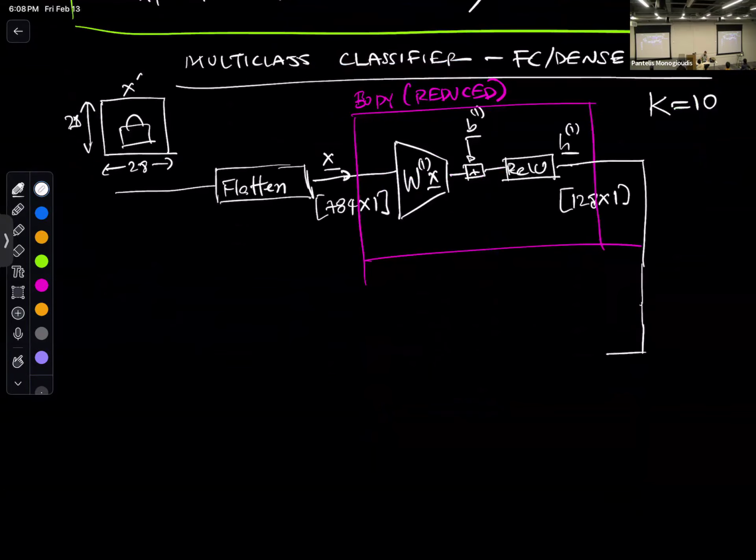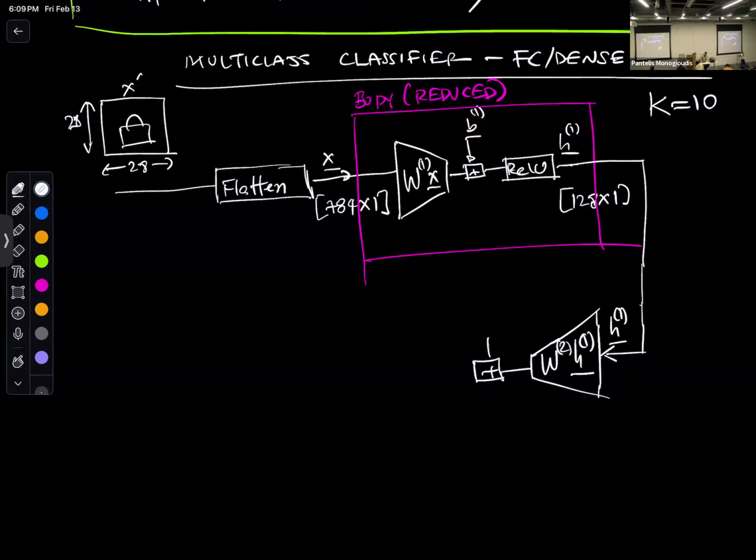So I know exactly, in order for me to project from 128 down to K, what should be the dimensions of the W matrix, which I will call now W2. This is called H1, it is coming in, right? W2, H1.